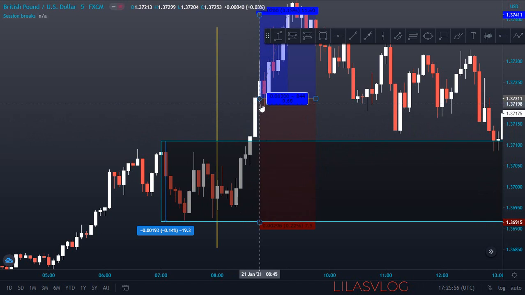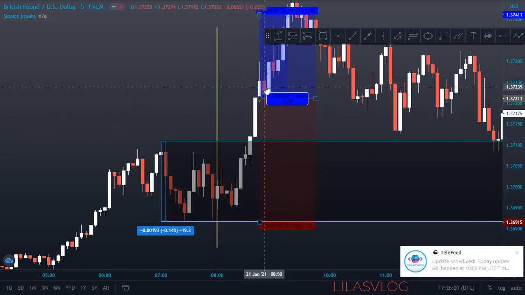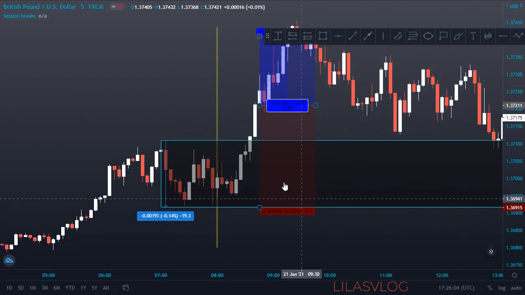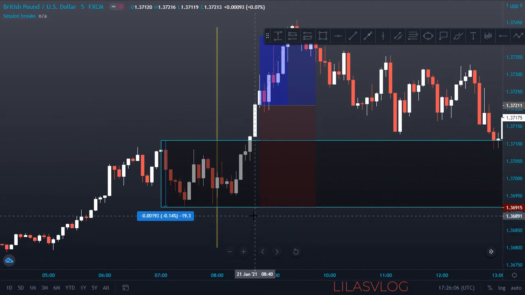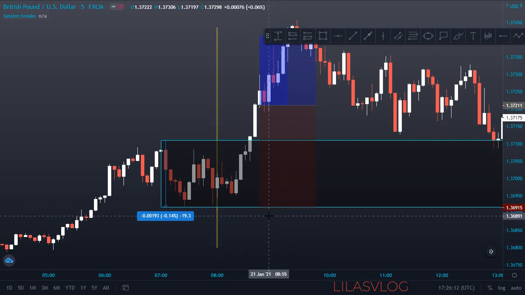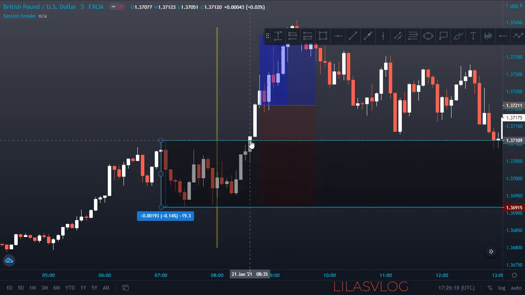If the candle closes completely above the box, we have a long position. If the candle closes below the box and completely outside the box, we have a short position, and the stop loss will be placed on the opposite side of the box.